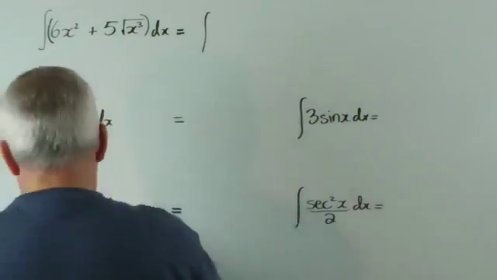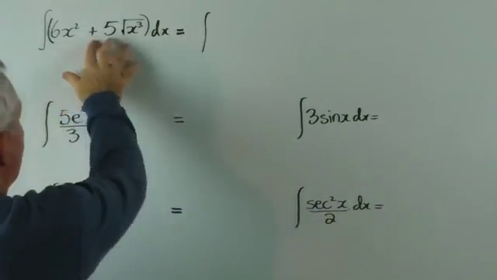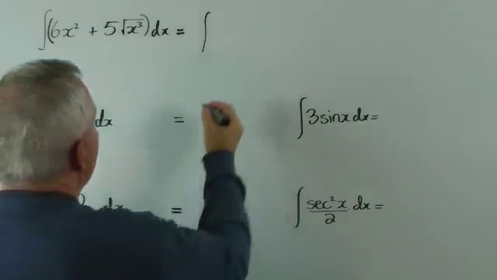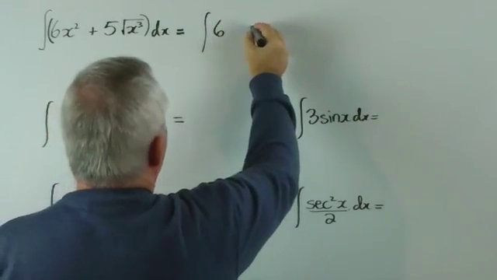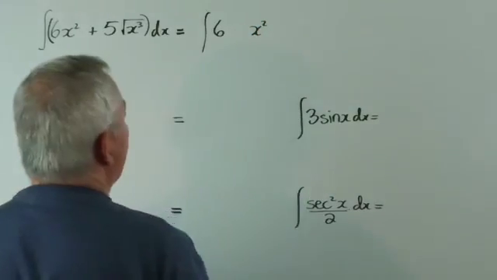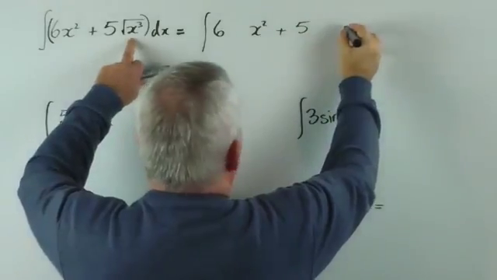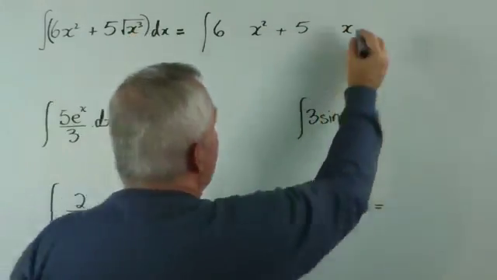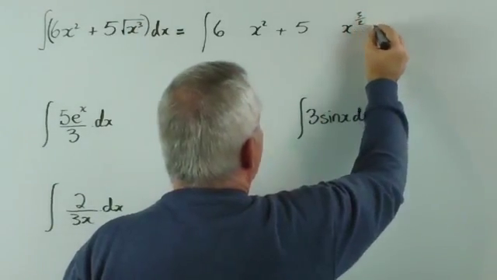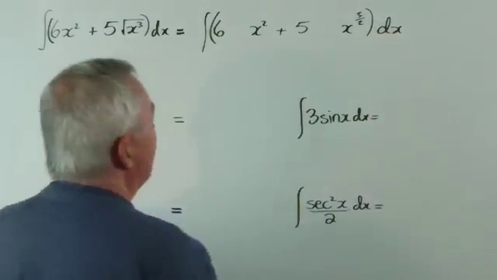The first time, actually I'll use 2 colours. Here we have powers of x, and I would write this as a 6 here, x squared, plus 5. Now this is x cubed, but the square root is a power of a half, so it'll be x to the 3 on 2, dx.